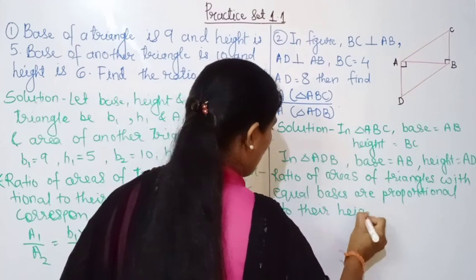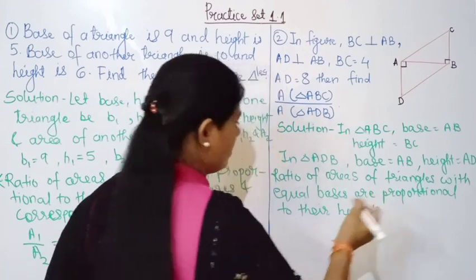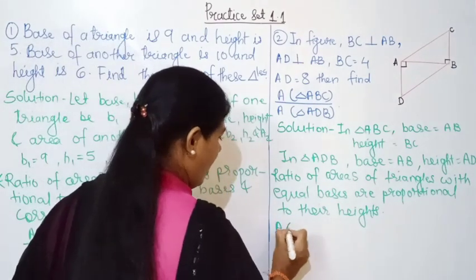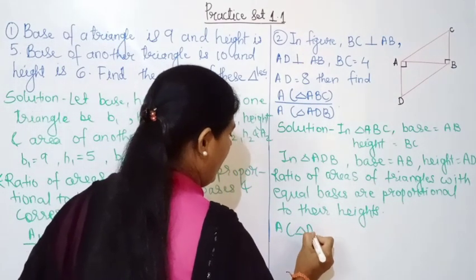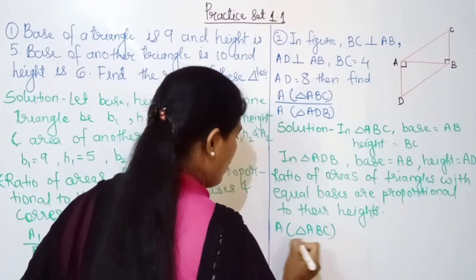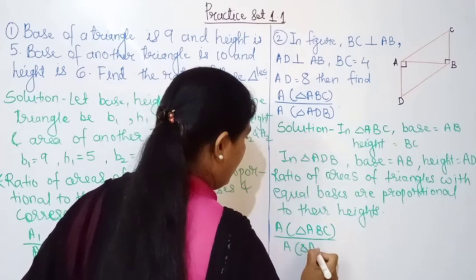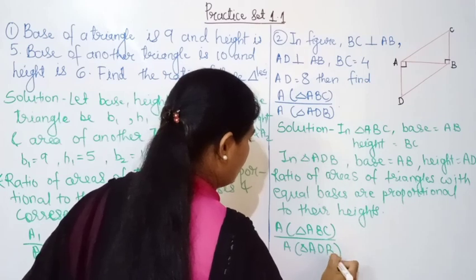So now what is the formula? As the base is same, the formula is h1 upon h2. So we'll write here area of triangle ABC upon area of triangle ADB equal to.